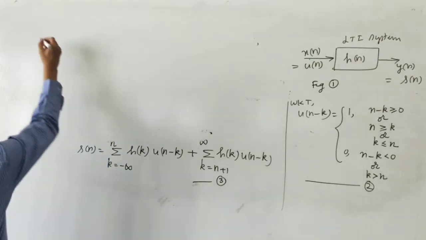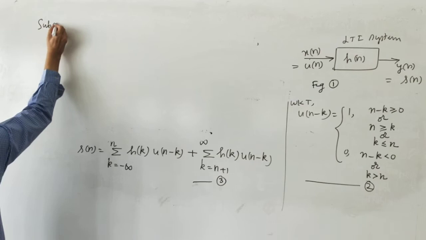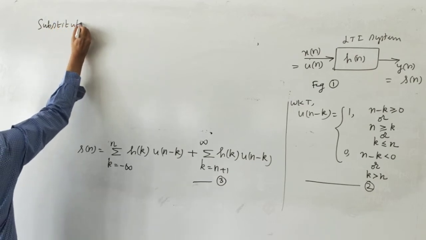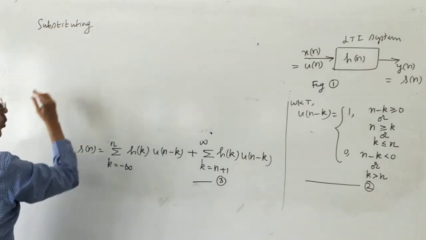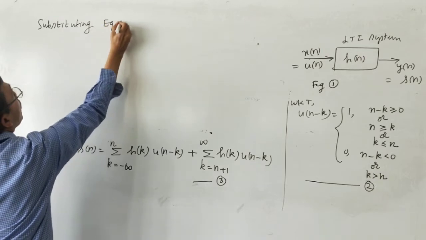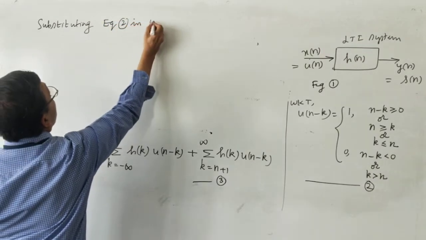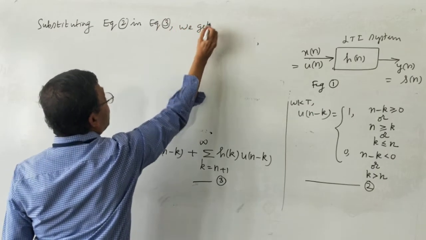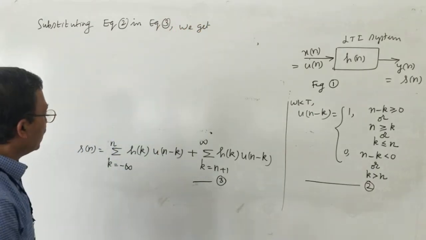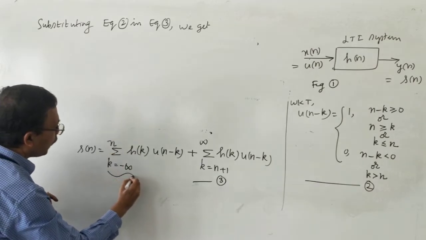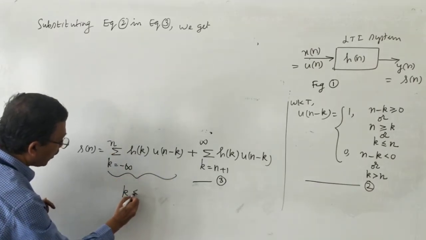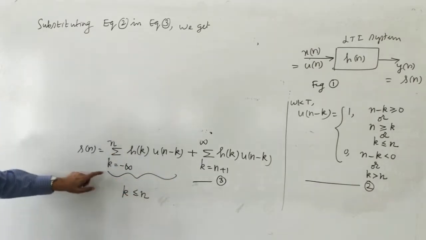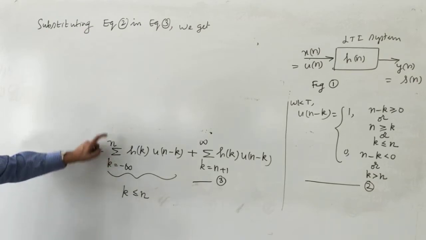Substituting equation 2 in equation 3, we get, see, this summation is for k less than or equal to n. K less than or equal to n means k takes values from minus infinity to n.